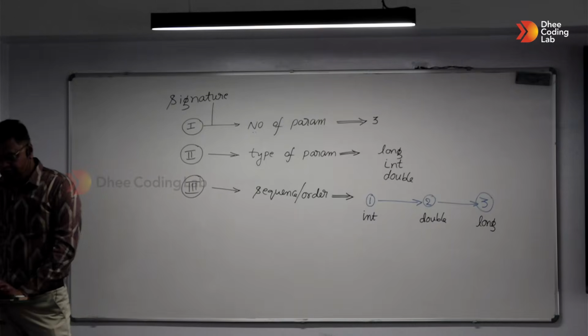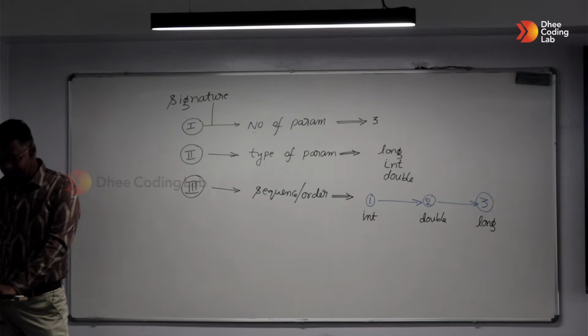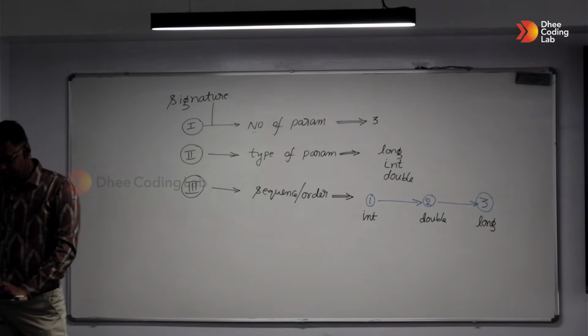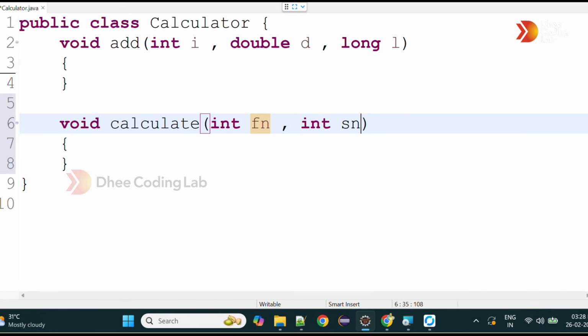Let's say for example, I'm going to take you through another example. Let's say I have a method called calculate which is going to calculate something. Let's say I need an integer first number, an integer second number, and a float number.